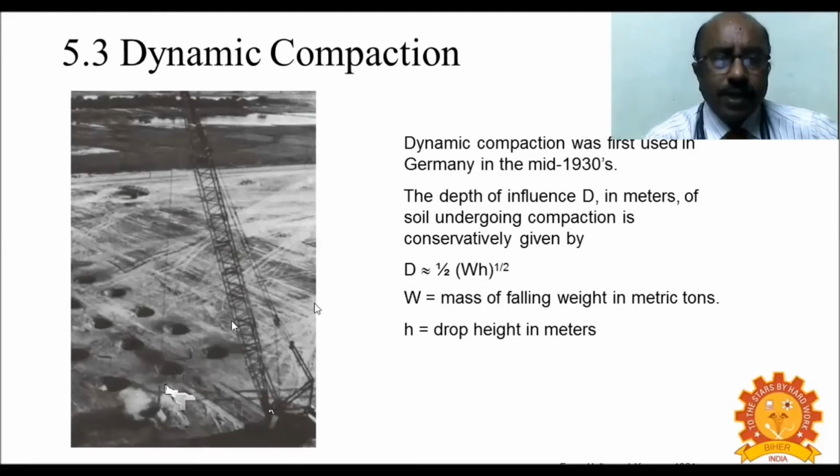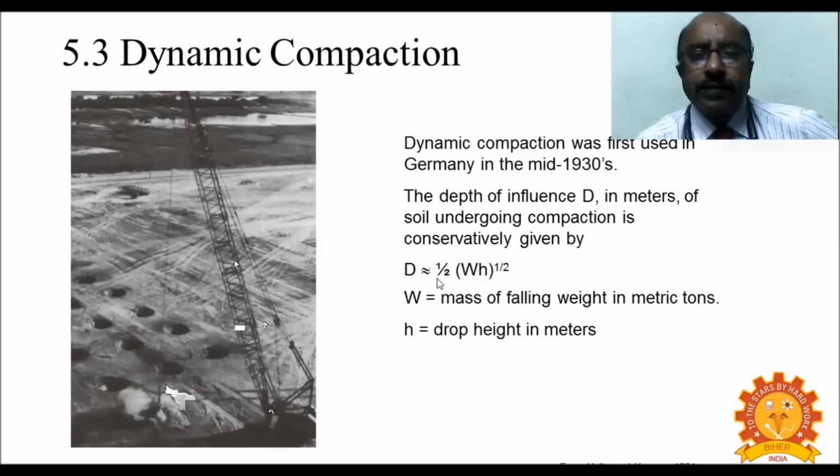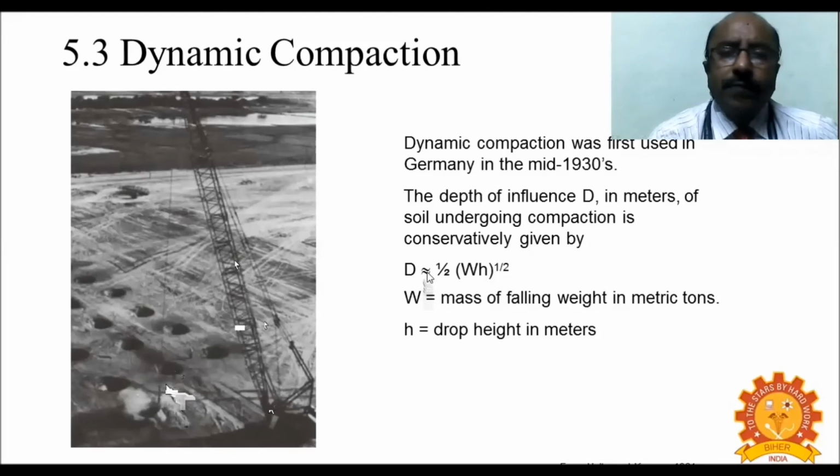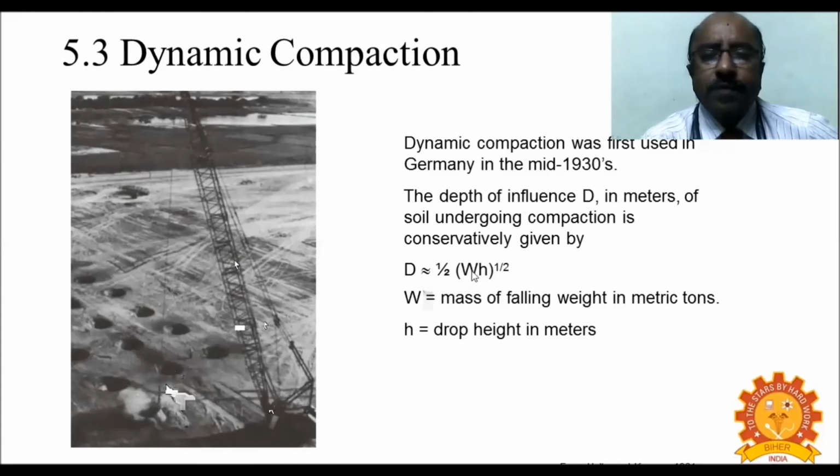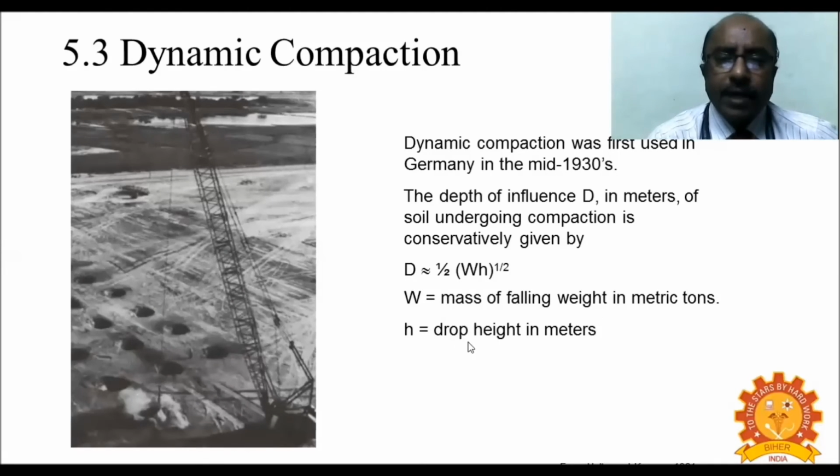Now, if you want to find out the depth of influence for dropping this hammer, it is given by this simple formula, where D is depth, which is half of WH to the power half, that is, 0.5 root WH, where W is the mass of the falling weight in metric tons, and H is the drop height in meters.